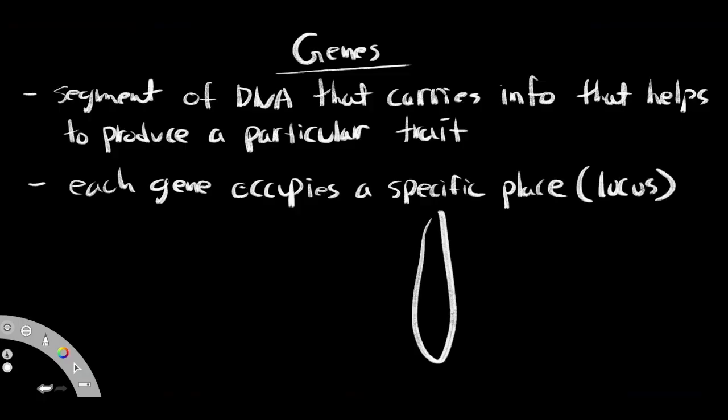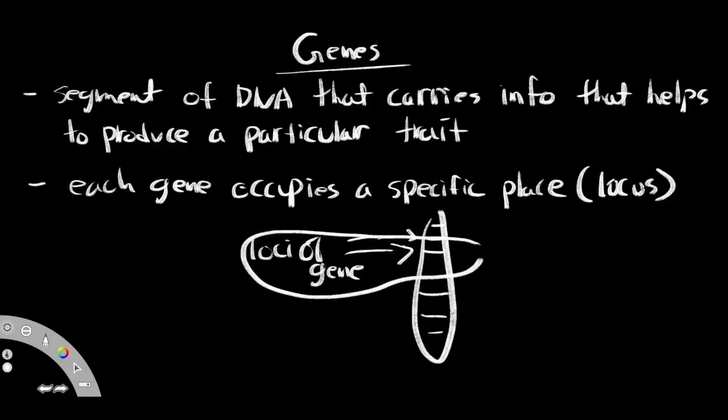So if this is your DNA here, you have specific places, like these bands that you see here. We'll just look at this particular band here, and maybe that one. This is a particular loci of a gene, which is plural for locus. Let's say this particular area dictates the color of a petal on flowers, whether it's purple or pink. This one may be purple, this one may be pink, but they're in a specific area to code for that particular trait, color of the petal.